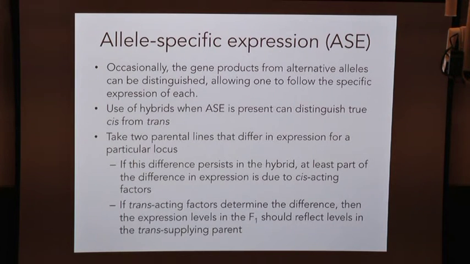If the regulation in the hybrid is the same as the regulation in the parent, that tells me cis-acting factors are important. If the regulation in the hybrid is not the same as the parent, it means I've got a trans-acting factor coming from the parent and diffusing in. So by looking at allele-specific expression in hybrids as opposed to parents, we can distinguish cis and trans. We can actually quantify it because it's a little bit of both. The notes talk about that. So these are used in tests.